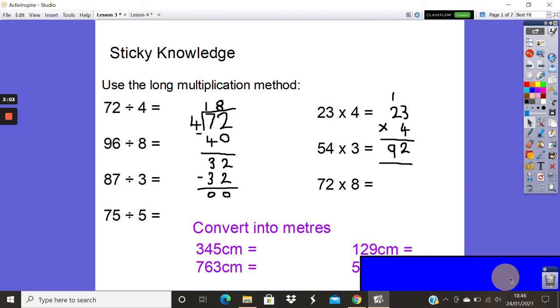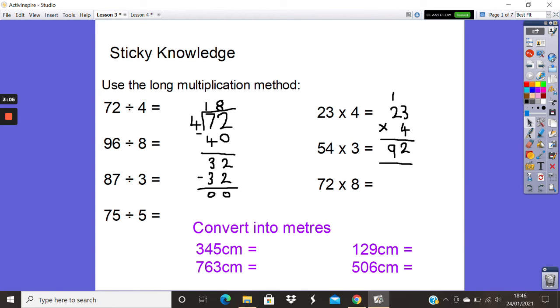And finally, looking back at our maths from last week, we are going to convert these following measurements into metres. So we've got 345 centimetres. Now you need to remember that there are 100 centimetres in 1 metre. So if there are 100 centimetres in 1 metre, in 300 centimetres we would have 3 metres.